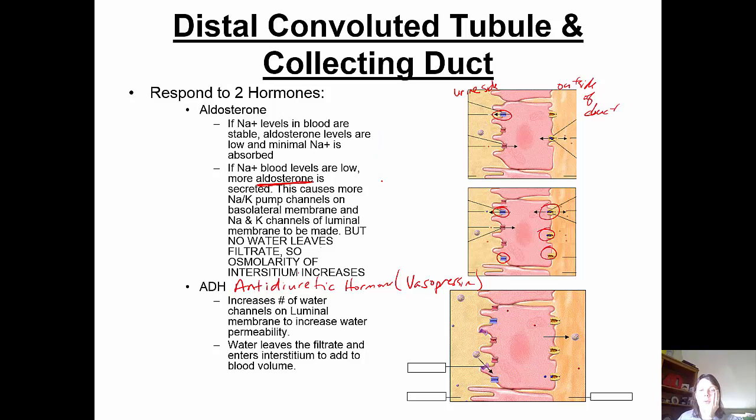When sodium levels are low, the body's going to secrete aldosterone. Aldosterone will act on these collecting duct cells to make more sodium-potassium pumps. That's what these are. Remember, sodium-potassium pumps are going to draw 2 potassiums in and pull 3 sodiums out. That is going to decrease the amount of sodium inside the cell and increase the amount of potassiums. By doing that, it also has to make more sodium and potassium channels on this side.